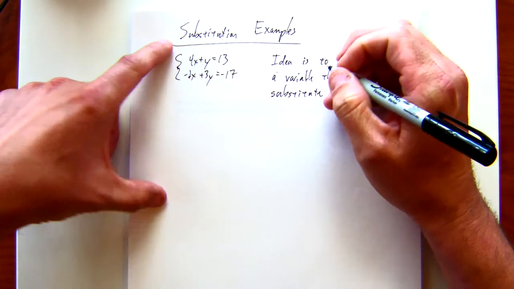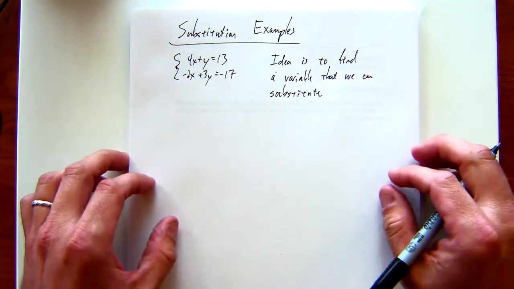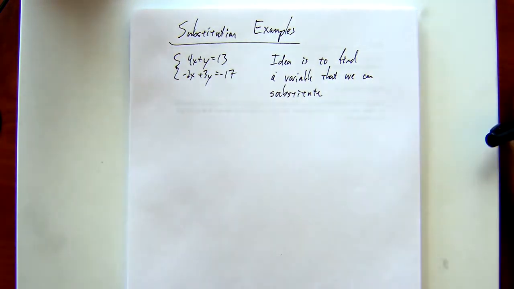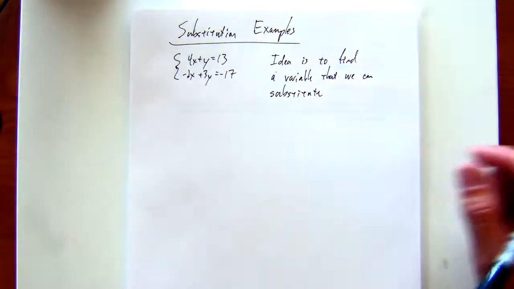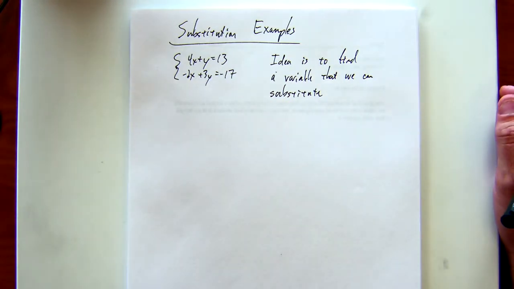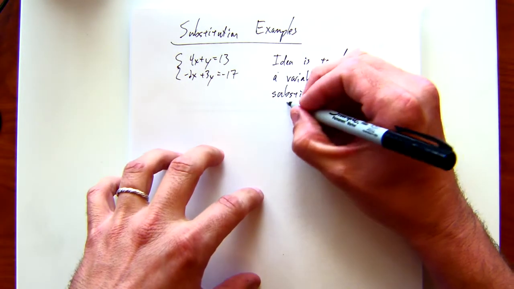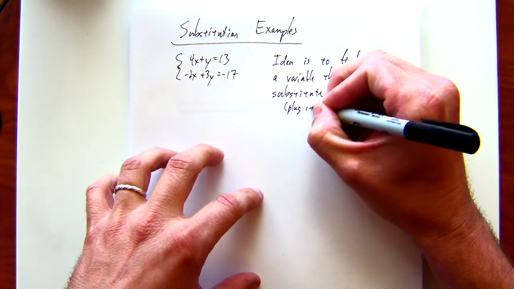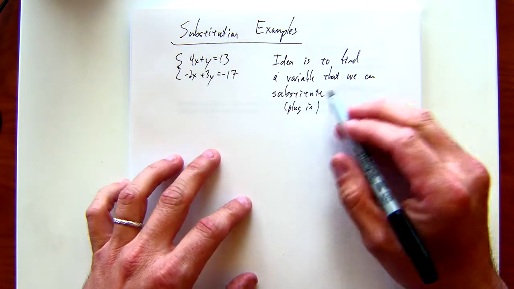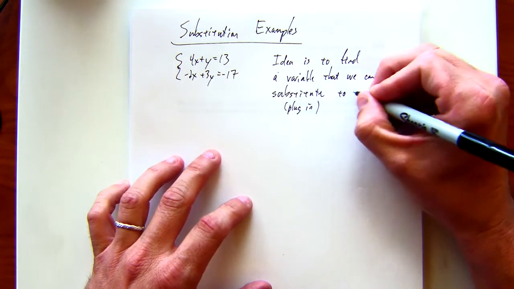What's another vernacular way to talk about substitute? When I substitute something in, what am I doing? Starts with a P. I say it a lot. Plug it in. So instead of substitute, if you want to say plug in, that's fine. So we want to find a variable that we can substitute, plug in to the other equation.